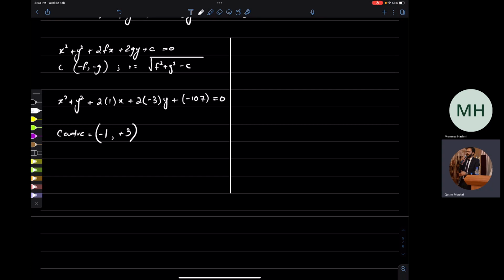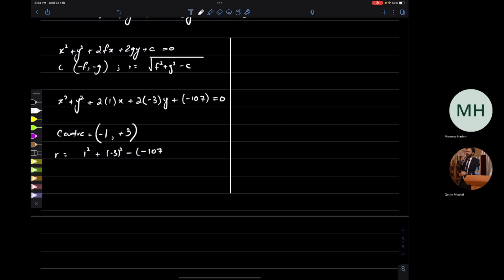Now if I want to work out the radius, I'll be using the same formula. So f is 1, g is negative 3, minus c is 1 negative 107, and then the square root of it.